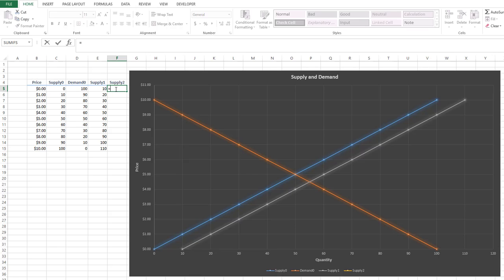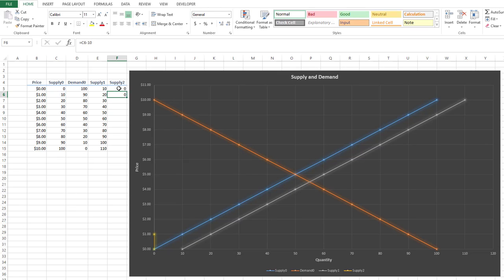Now we're going to shift the supply curve to the left, or decrease supply at every given price point. And we won't shift it to 0 because we can't supply negative, so we'll just put 0 there again. But we want to take our original supply curve and do the opposite. Let's subtract 10.